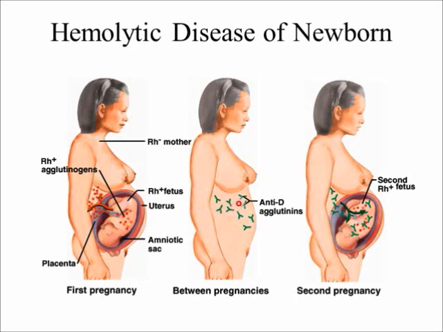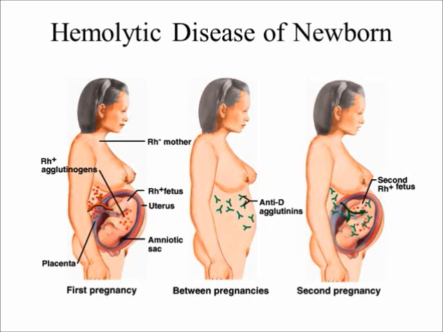So the mother's body between pregnancies starts forming anti-D or anti-Rh antibodies floating around in her bloodstream. With a second pregnancy, those antibodies can be transferred through the placenta and absorbed by the baby. And now those antibodies are going to view the baby's blood as a foreign invader, and they're going to start destroying those red blood cells.